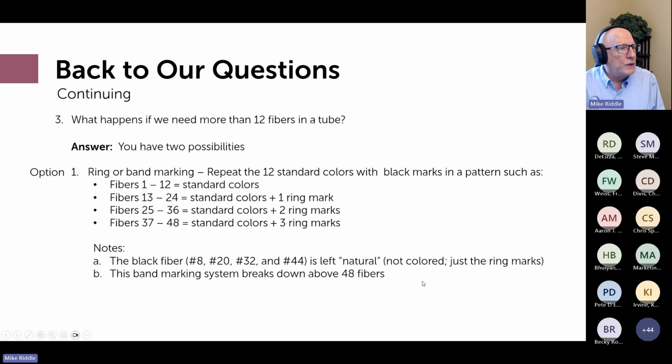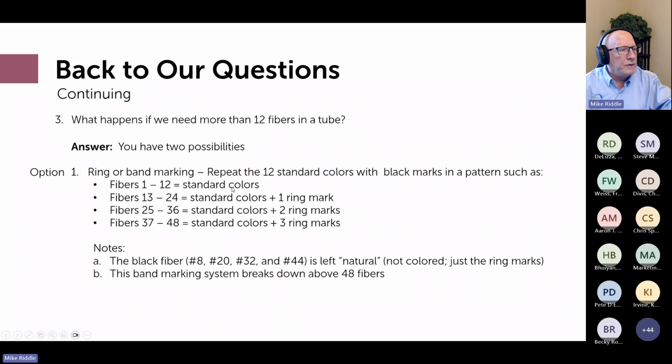Our third question was, what happens if we needed more than 12 fibers in a tube? And the answer is there are two possibilities. The first one is that I can use ring or band marking, just different terms, the same thing. They both mean I repeat the 12 standard colors with black marks on them in a pattern such as this.